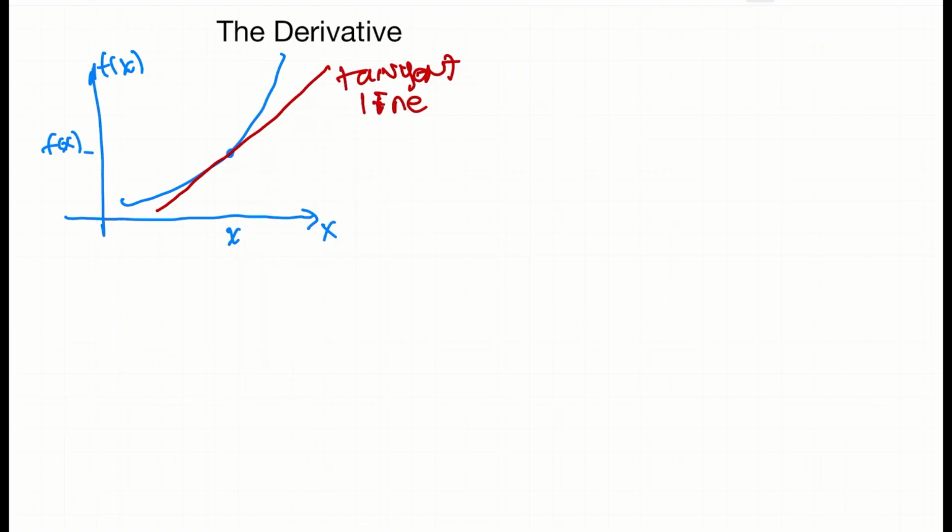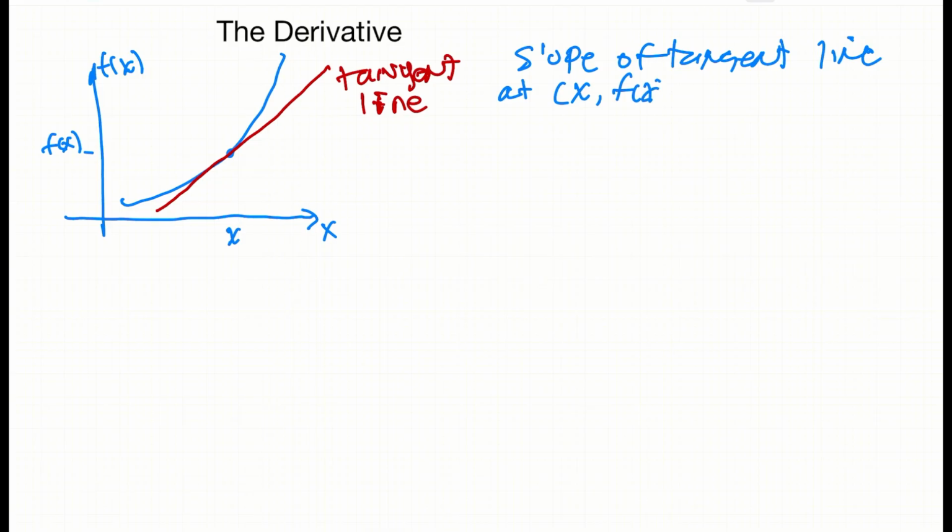What we know is the slope of the tangent line at point x, f of x. We know that the slope m is going to be the limit as h goes to 0 of f of x plus h minus f of x, divided by h.